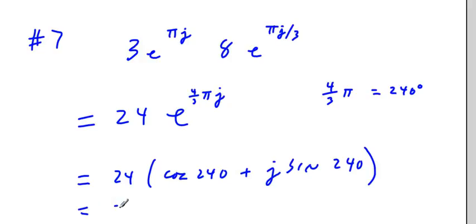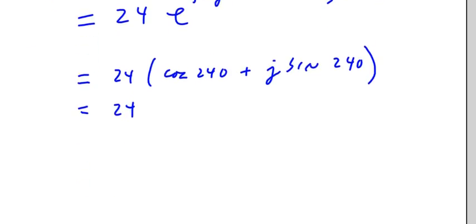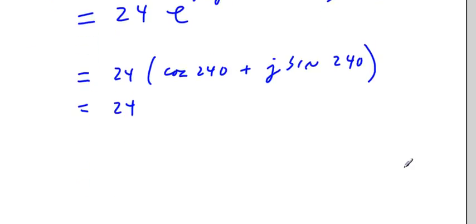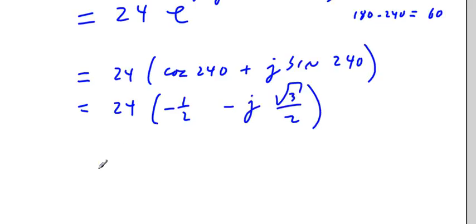And let's say, what do we recognize that as? 24, the cosine of 240 is, now this is a half, because the reference angle would be 240 minus 180, so a reference angle of 60, so that would be 1/2, but it'd be a minus a half, minus j square root of 3 over 2, and then we'd have that be minus 12 minus 12 square root of 3 j.